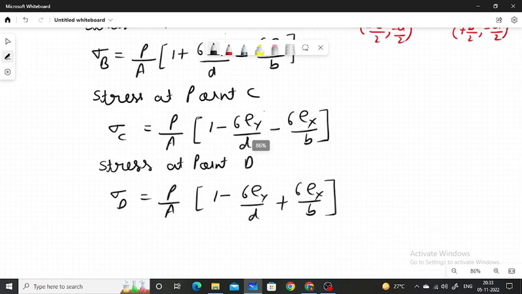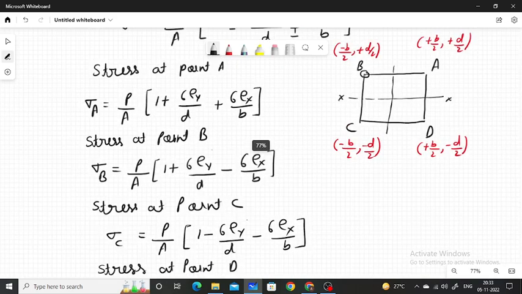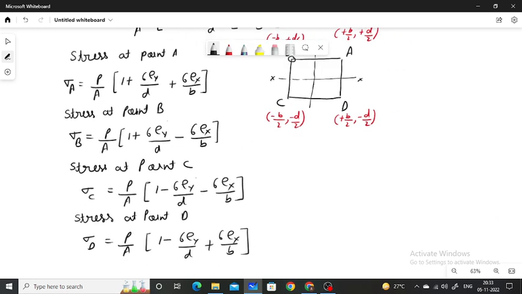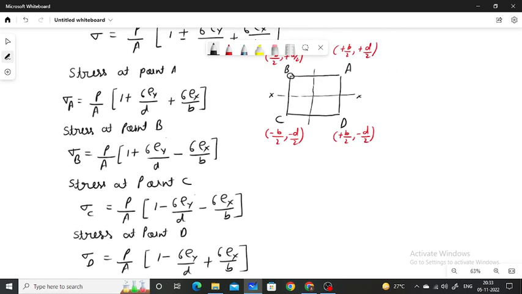Okay. Now देखिए, the maximum stress will occur at the point A and minimum stress will occur at the point B. Here Ex, Ey and B and D are the positive values.